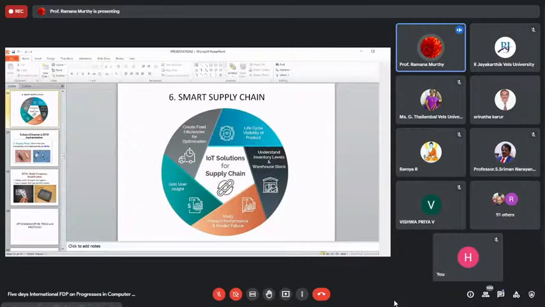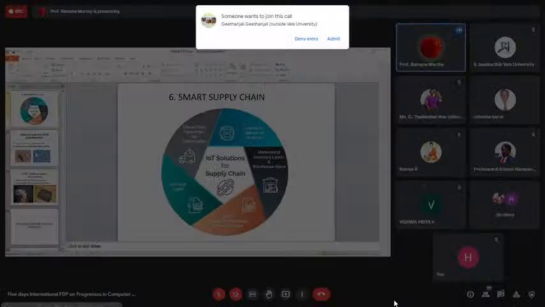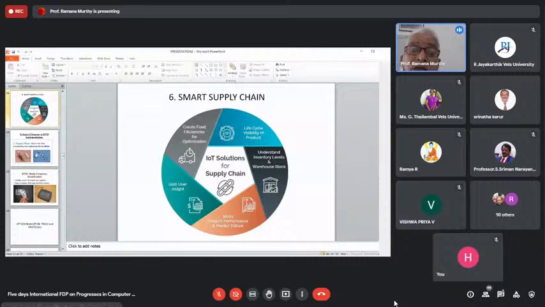Now, to do all these things, we use a concept called supply chain. We use supply chain management, which is a part of the smart supply chain. We call it IoT. This IoT solution for the supply chain includes gaining user insight, creating fleet efficiencies for optimization, life cycle visibility of the product, and understanding inventory levels and warehouse stock.